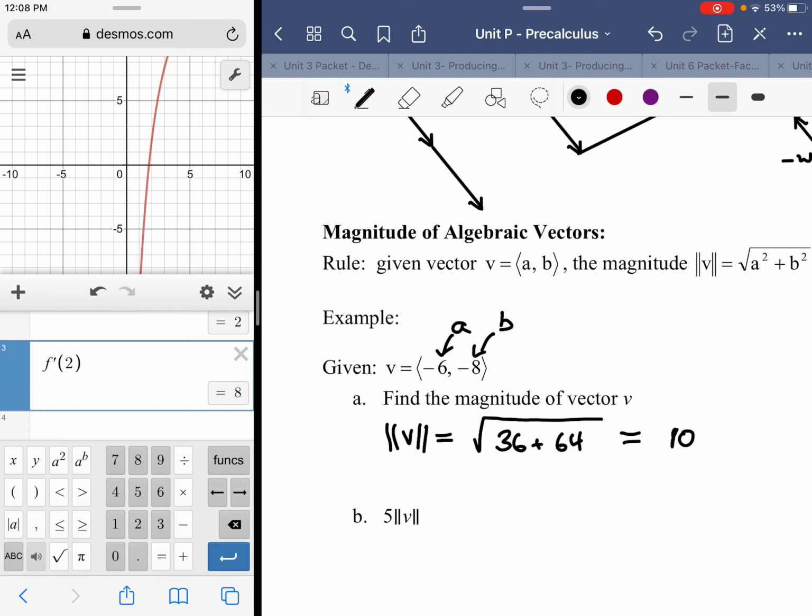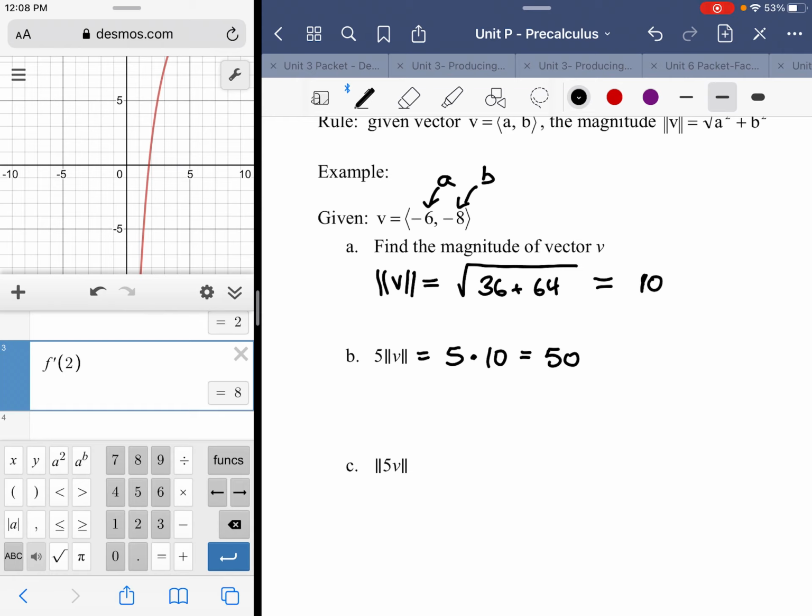If I want 5 times the magnitude of v, it's just 5 times that number, which is 50. As opposed to the magnitude of 5v. So let's figure out 5v first, which would be the scalar multiple of v.